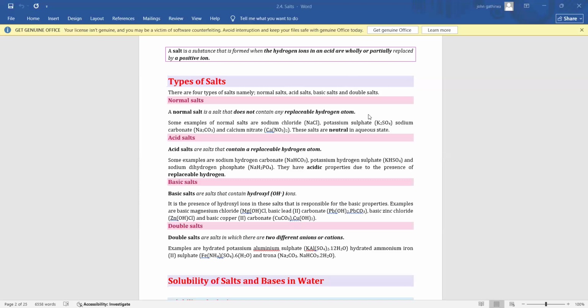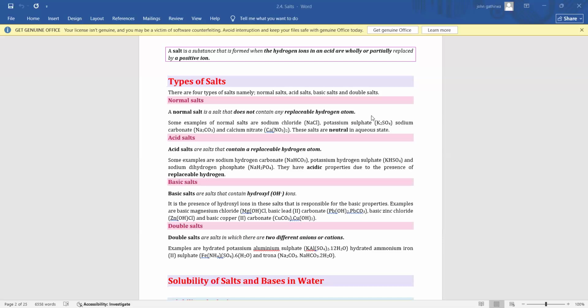What can you say about the sulfates? Karoki, tell us. All sulfates are soluble except barium, lead, and calcium. And calcium is slightly soluble. Very good. So barium sulfate is insoluble, lead sulfate is insoluble, and calcium sulfate is slightly soluble.